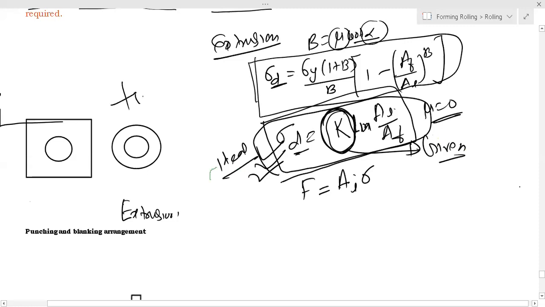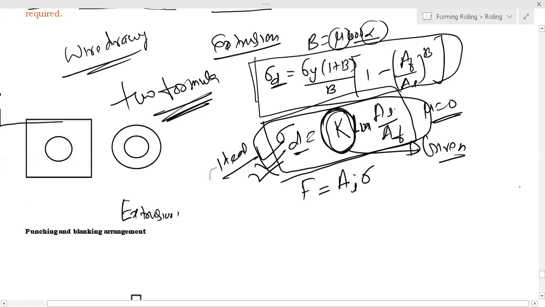Yes, two formulas. I already discussed this in wire drawing.